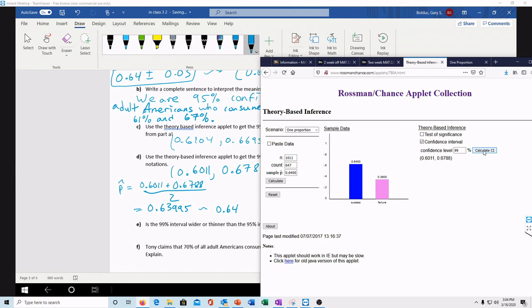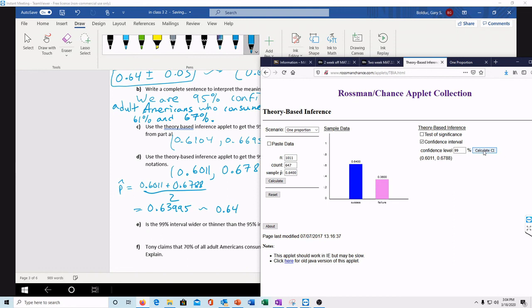Perfect. And then the margin of error will be the difference between that and one of the edges. So then find the margin of error. I'm just going to do my 0.64 minus 0.6011, which gives me 0.0389.